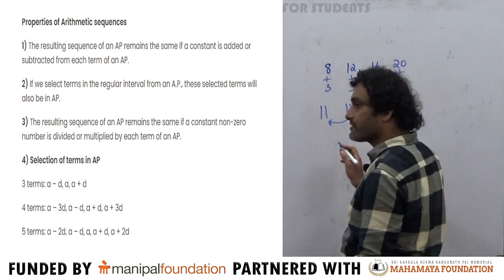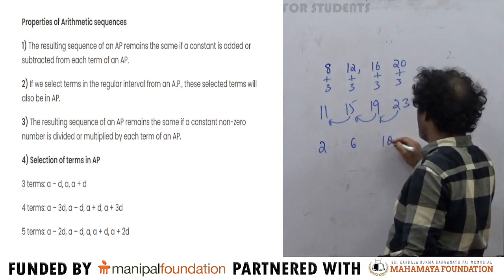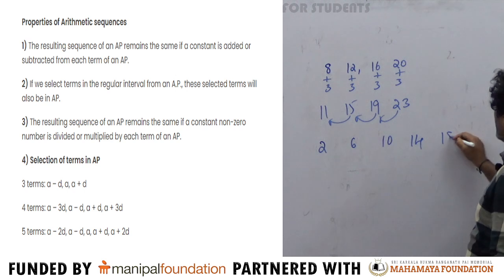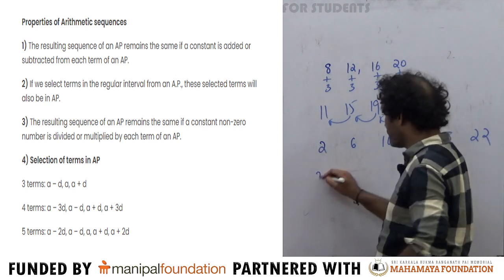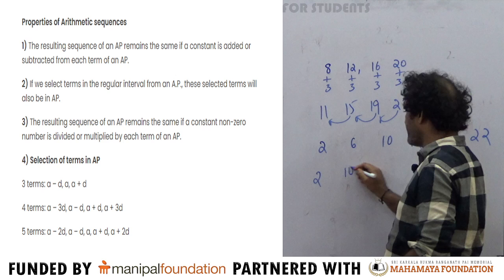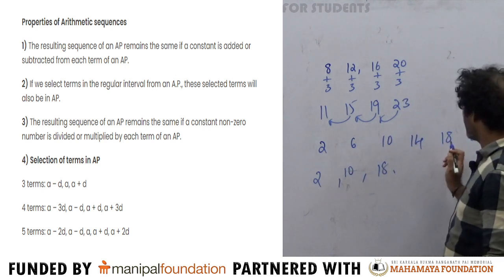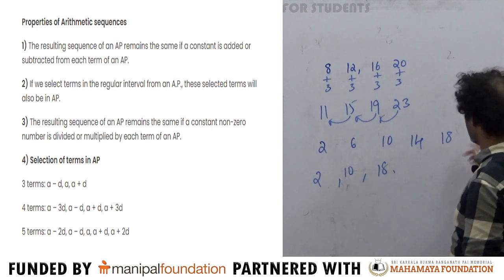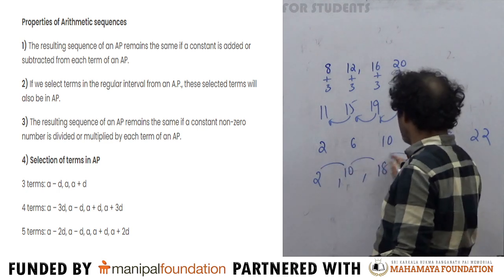And the second one is also something similar, okay? 2, 6, 10, 14, 18, 22. Now what I'll do, regular intervals means 2 I'll take, I'll skip 1 and take the next, 10, I'll skip 1 and take the next, 18, I'll skip 1 and take the next, it is 26. Check the difference, isn't it 8, 8, 8?